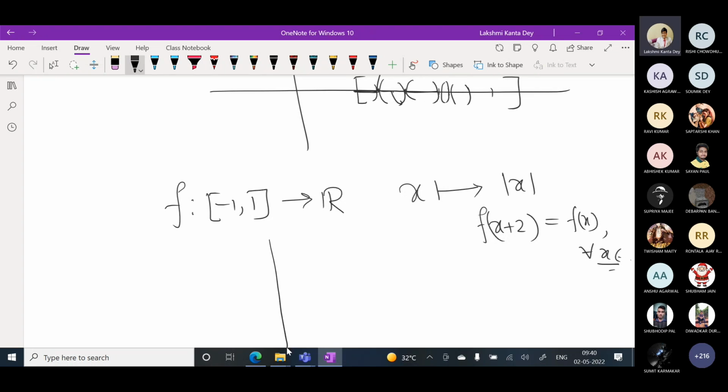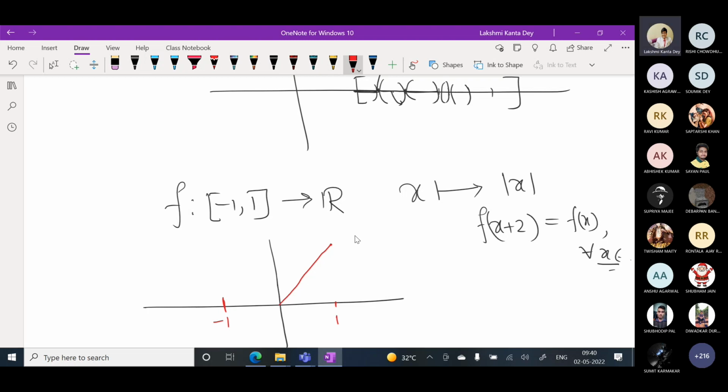So if I try to draw the curve, what happens? This is, say, for example, -1. This is your 1. So from 0 to 1, it will be x. Whenever -1 to 0, it will be minus x.